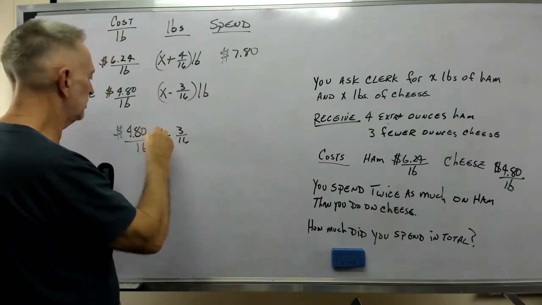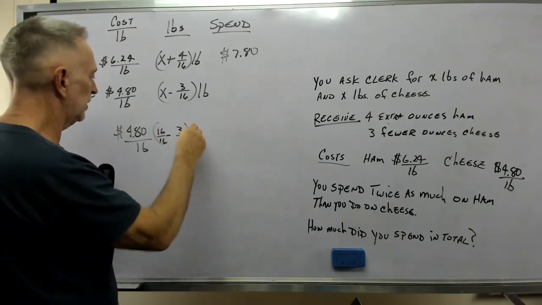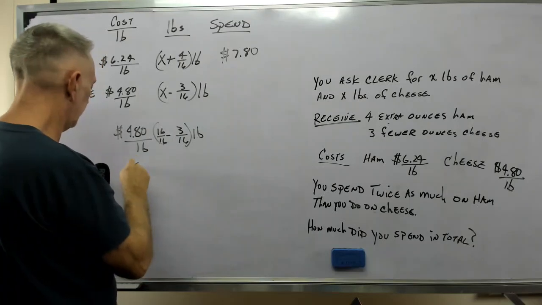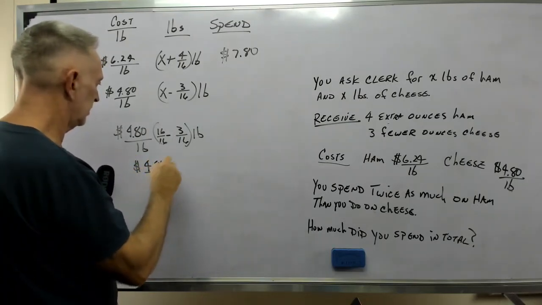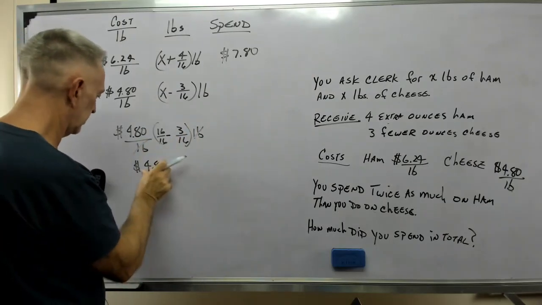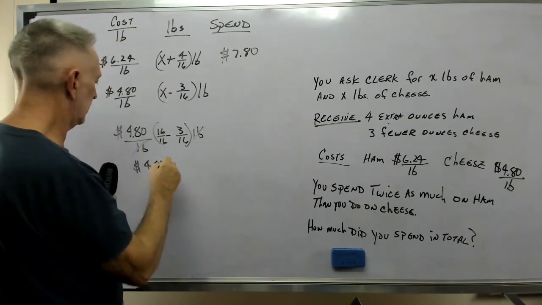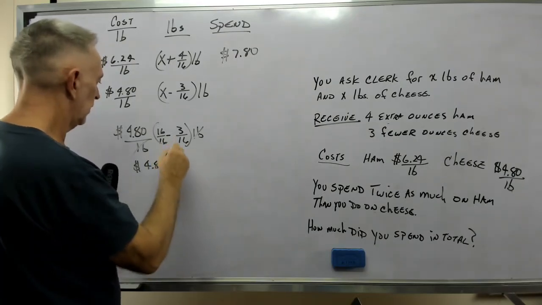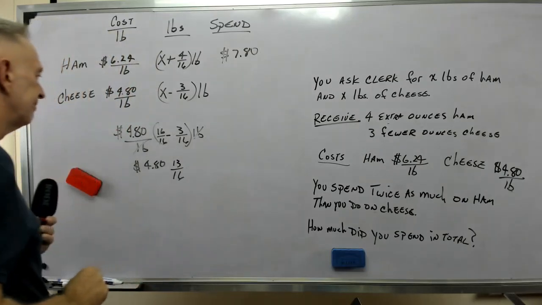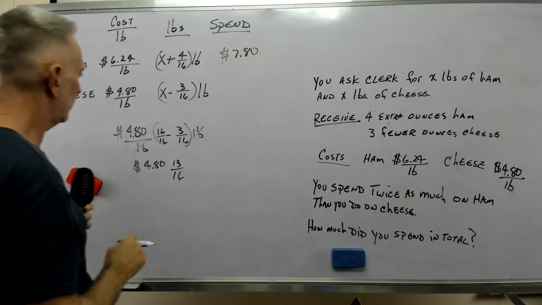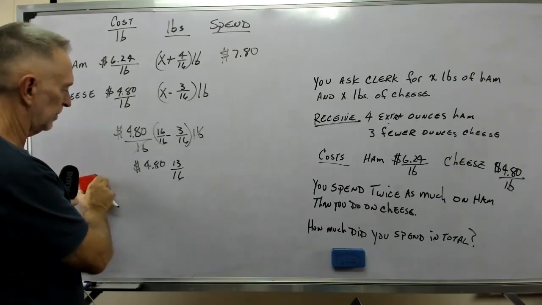Same concept, 16 over 16 minus 3 over 16 pounds gives me 13/16 pounds. 480 per pound. Well, let's just cancel the pounds. Now we're dealing with dollars. $4.80 times 13/16. This one's not going to be so simple, is it?